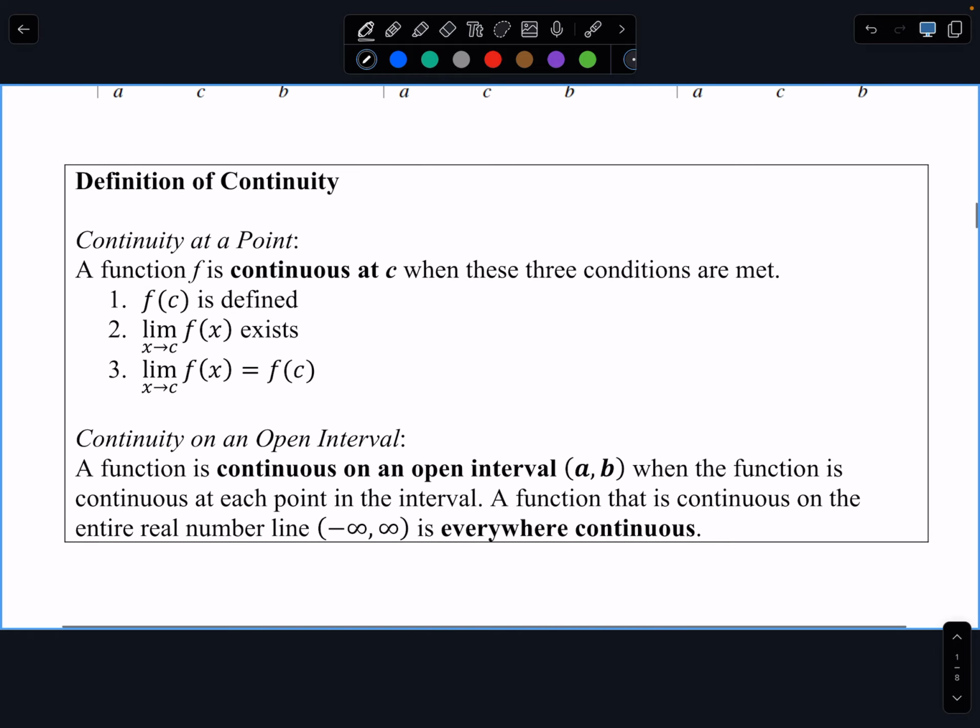All right. Here is our formal definition of continuity. This is really important.